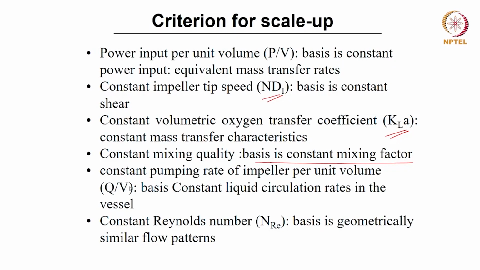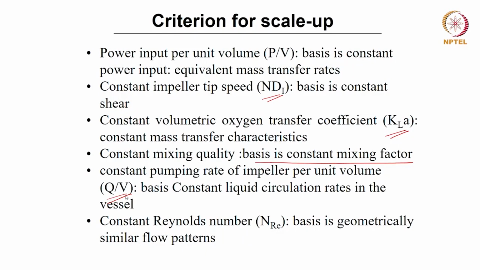Now, if constant pumping rate of the impeller per unit volume is found to be crucial and becomes the basis for scale up, which is given as Q by V, this would ensure constant liquid circulation rates in the vessel.